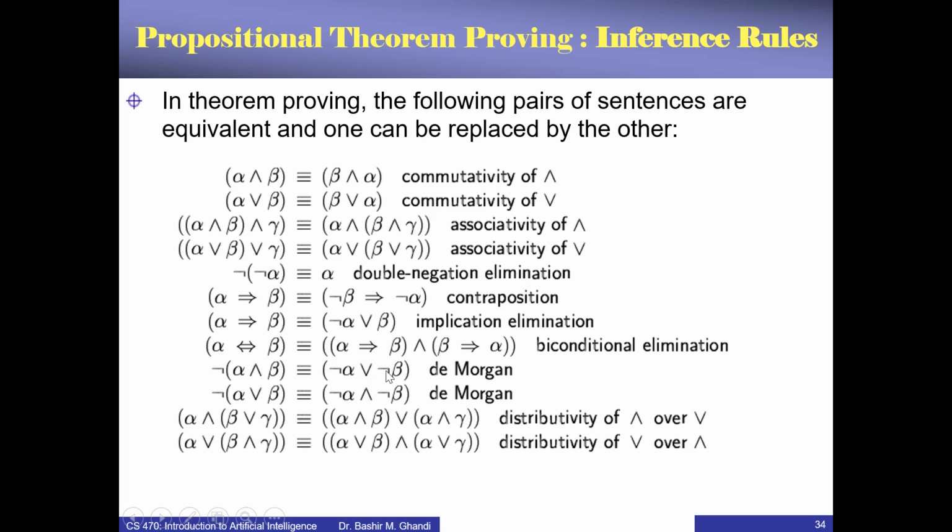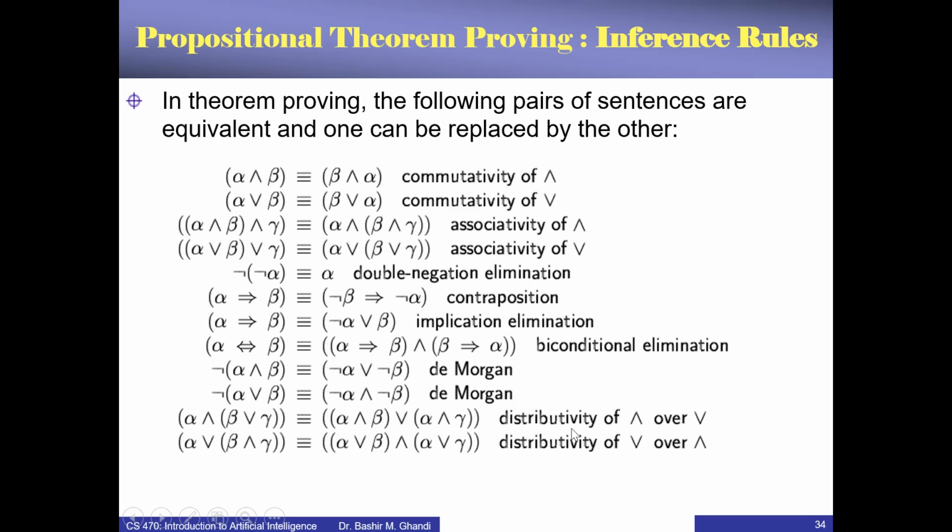This is the first De Morgan's theorem. The second one is similar but with or: not (alpha or beta) is equivalent to not alpha and not beta. These two De Morgan's theorems are also very useful in this inference rules method, as we shall see.